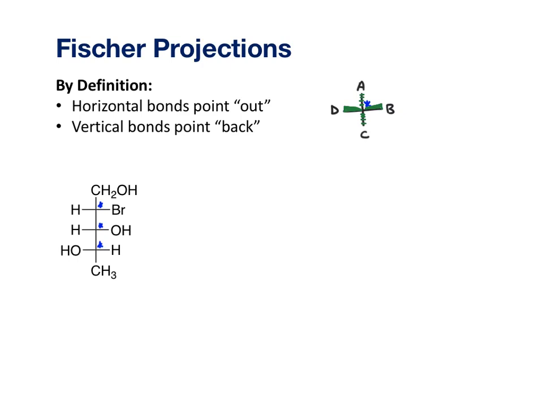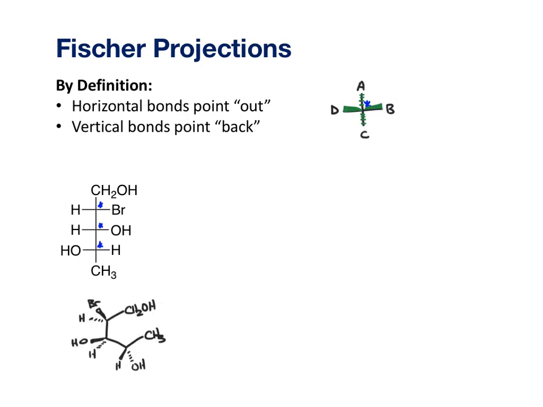So you could think of this as all of these horizontals being wedges, all of the verticals being dashes. And that is, by definition, the directionality of those groups. So I'm going to erase those just to keep it from being too cluttered.